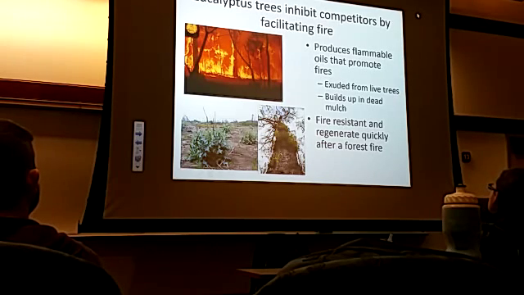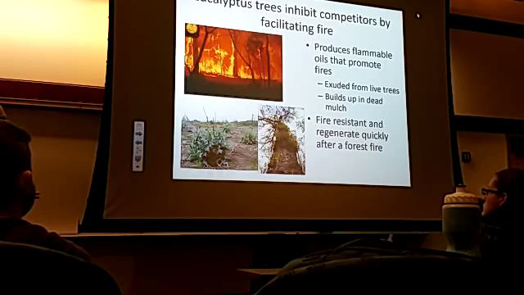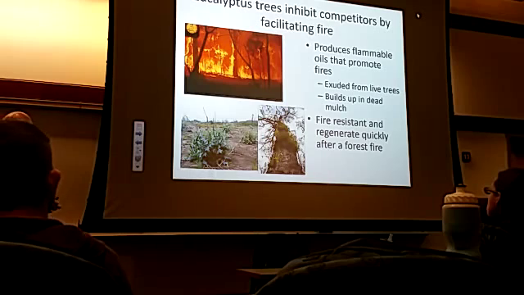So eucalyptus is a tree that does this, and you can see how that can burn. It's extremely hot, and it's because the oils in eucalyptus are very flammable. And so what happens is you can burn the landscape pretty well in a eucalyptus forest, but the eucalyptus regenerates very quickly from the roots and from the main stem, but most other trees are just incinerated.